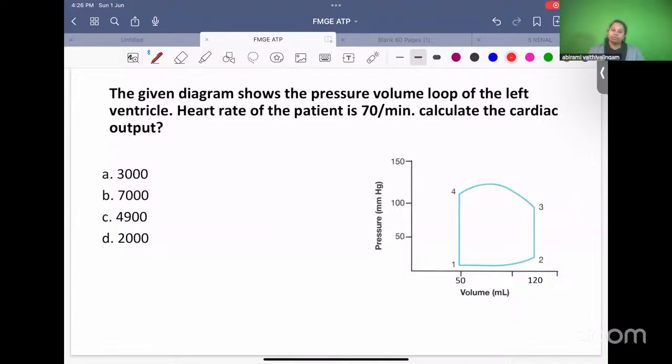Calculate cardiac output. Can you calculate cardiac output? Any answer?